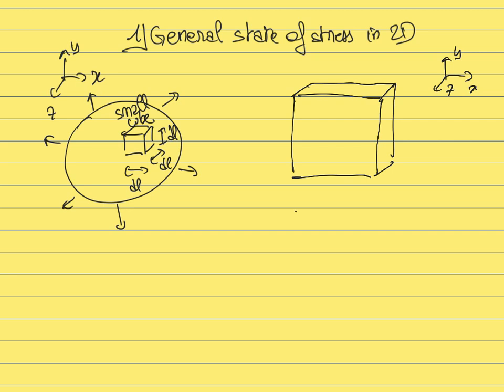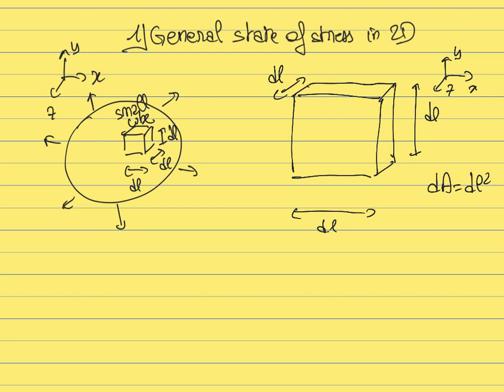So now let's see what are the dimensions of this cube. So this cube has the dimension dl along the 3 dimensions. So whether it's on the z, x, and y direction, this dimension is the same. And so we are going to define the surface of each side of this cube. So the surface dA is simply dl squared.